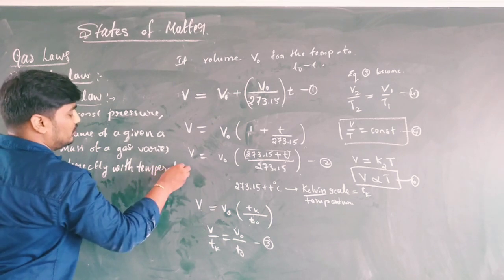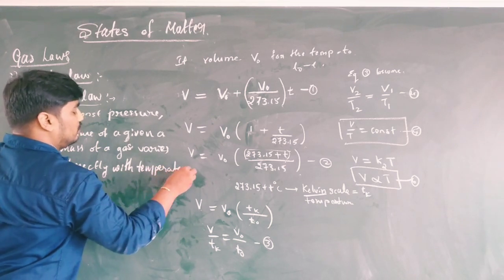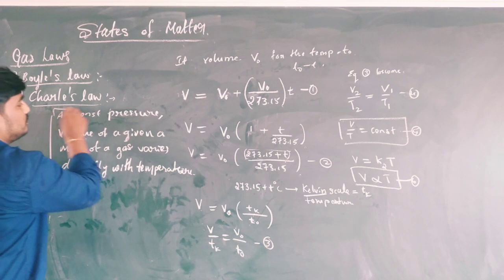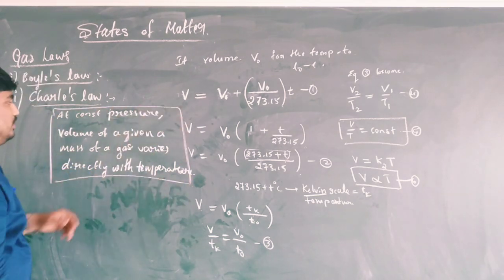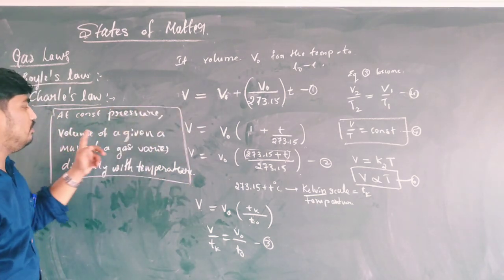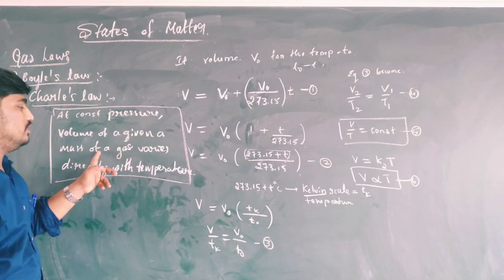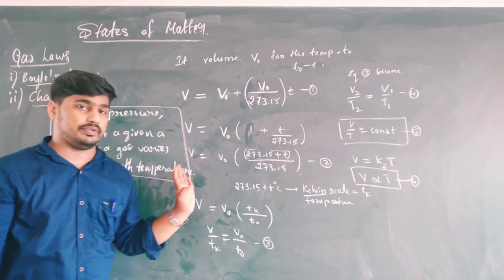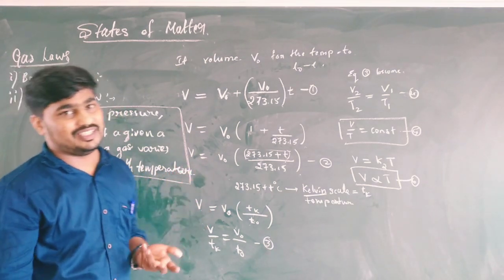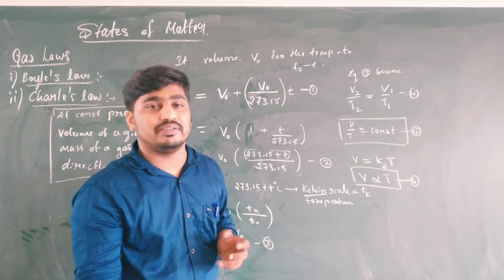So this is the statement of Charles's law. In other words, at constant pressure, the volume of a given fixed mass of a gas is directly proportional to temperature. Okay. So now it becomes very easy. The statement or definition becomes easy now.